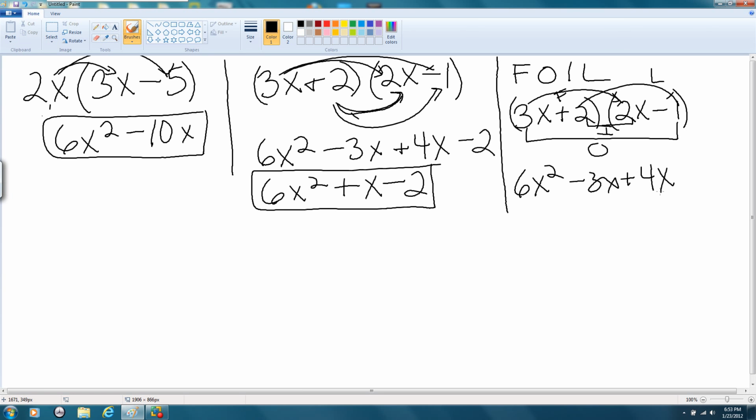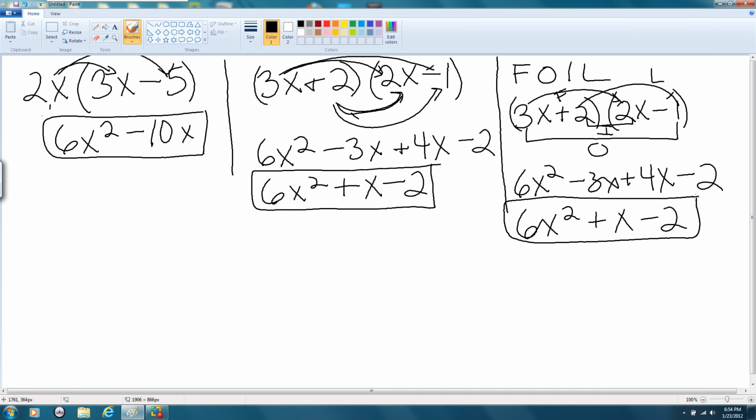And then the last is 2 times negative 1, so that's minus 2. And so we would end up with 6x squared plus x minus 2. Nothing too remarkable. That's what we got before, which of course we should.